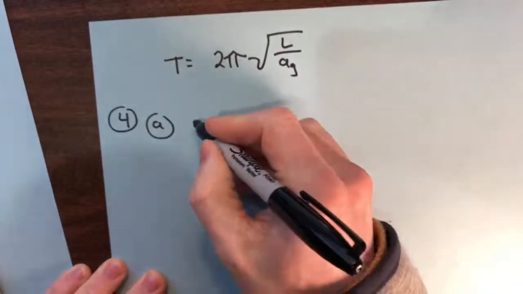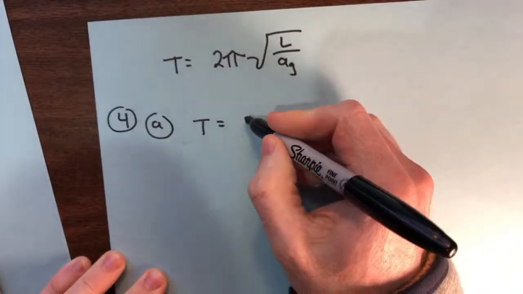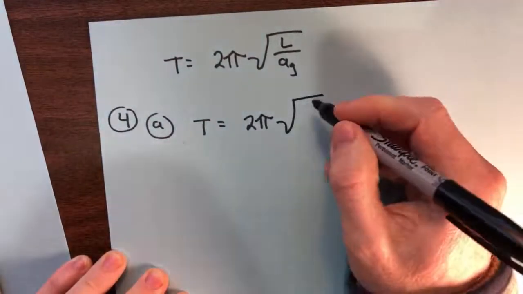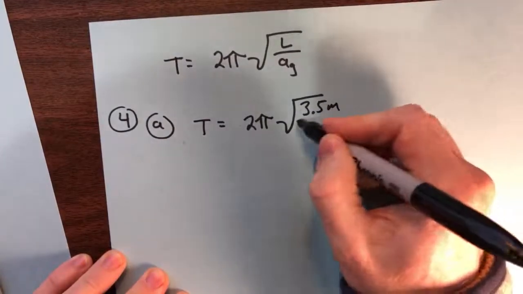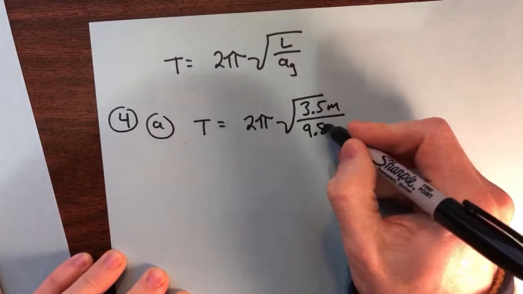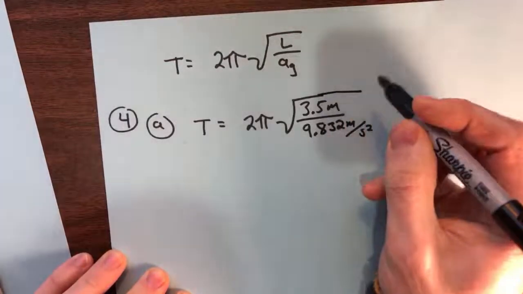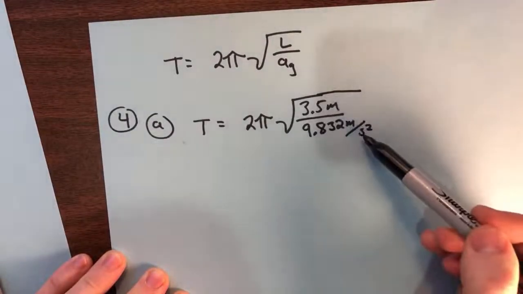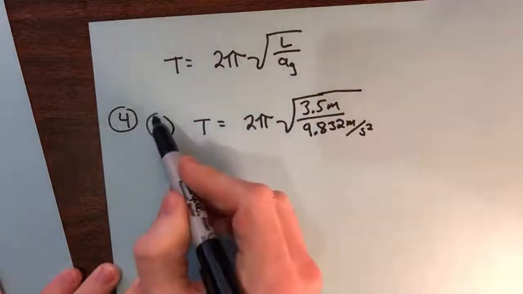Your period is going to be 2 pi square root of 3.5 meters on the top and 9.832 meters per second squared on the bottom. The meters over meters cancel, and the per second squared comes to the top, so you end up with just seconds, and that gives you the period.